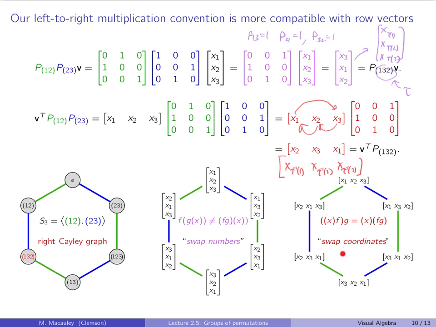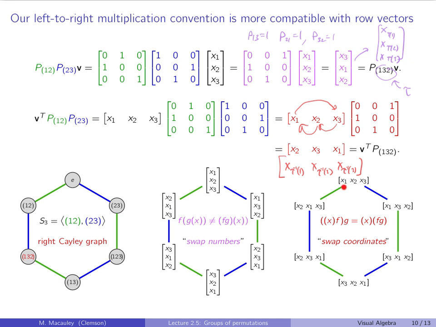What's happening is we're swapping coordinates. You can see that up here, this really is being realized by following these arrows with this permutation. So now the green arrow, instead of swapping x1 and x2 no matter where they are, we swap whatever is in coordinate 1 and coordinate 2. And here we swap whatever is in coordinate 2 and coordinate 3, which is different than swapping 2 and 3 no matter where they are.